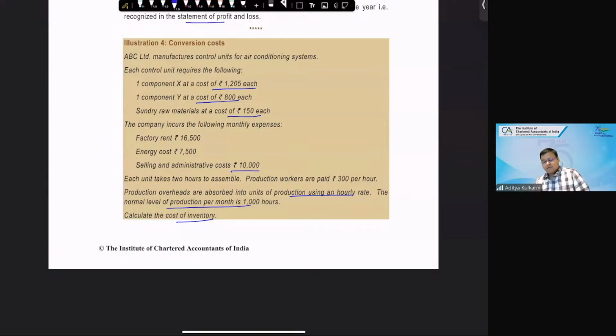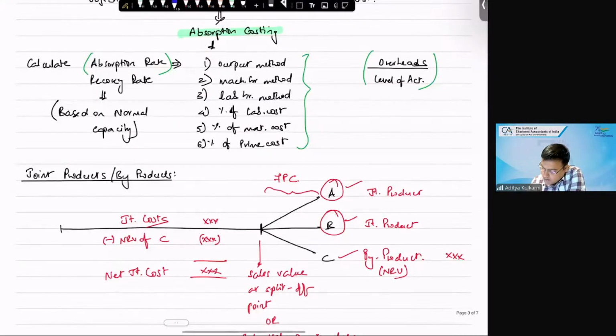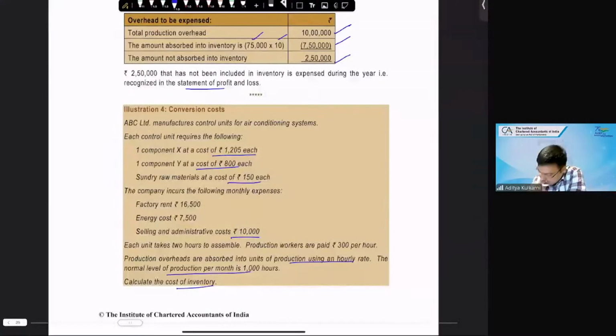Okay, so let us quickly run through it. For inventory, you will have one component of X, so 1205, one component of Y, so 800, sundry raw materials 150. So this together comes to 2155.